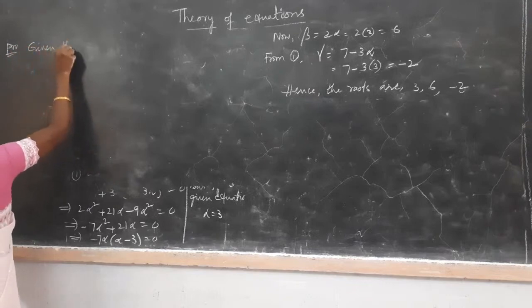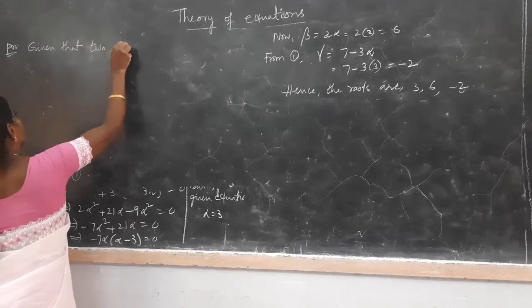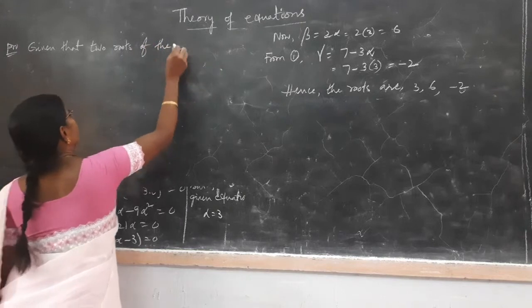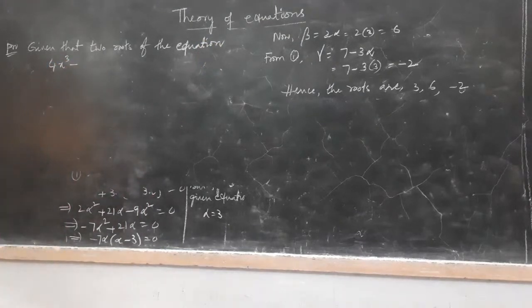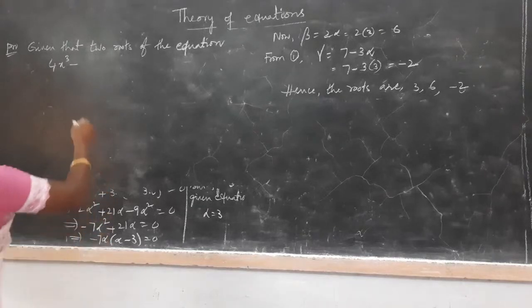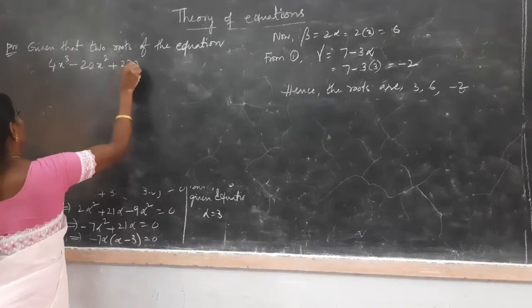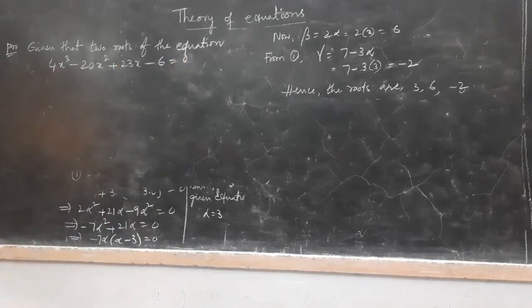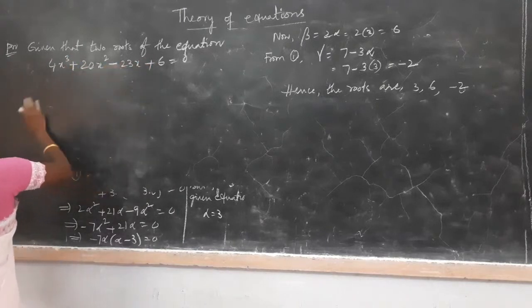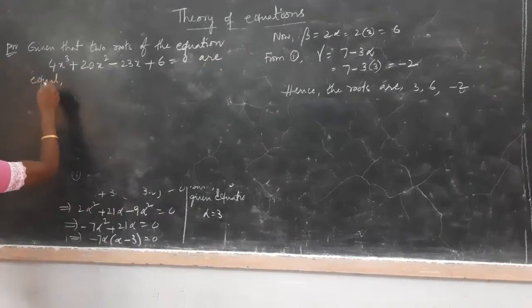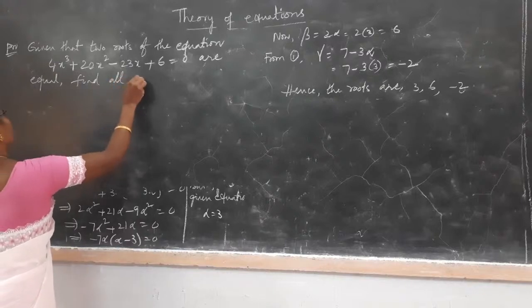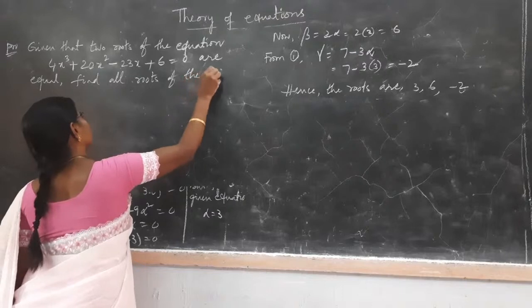Given that two roots of the equation 4x cubed plus 20x square minus 23x plus 6 are equal, find all roots of the equation. Okay, this is our problem.